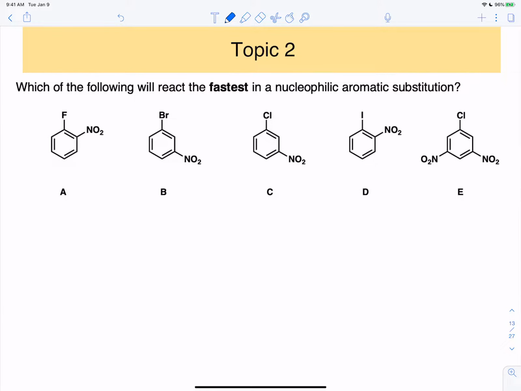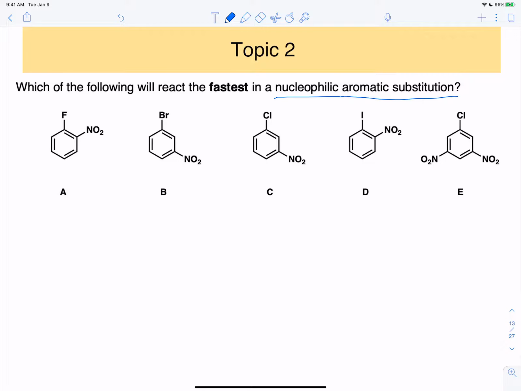So now we're switching gears, getting out of electrophilic aromatic substitution and moving to nucleophilic aromatic substitution. This uses the same sort of logic, only now we're trying to stabilize negative charge instead of positive charge.